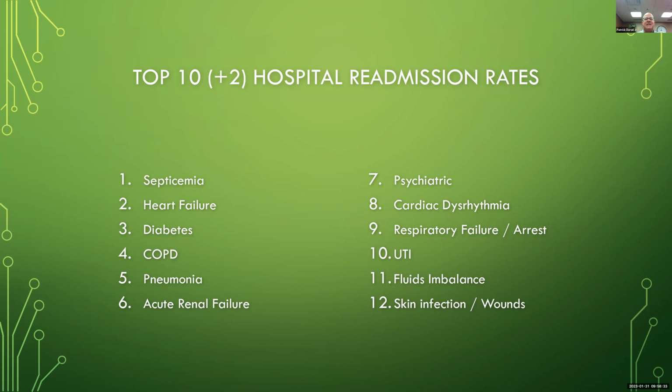Psychiatric made the top 10 at 7. Cardiac dysrhythmias. This is really atrial fibrillation, okay? Atrial fibrillation is the leading heart arrhythmia in the world. And, you know, for some people, AFib isn't a problem.